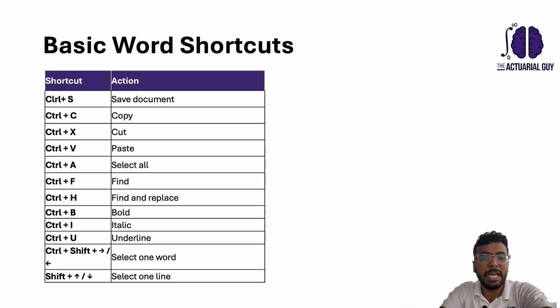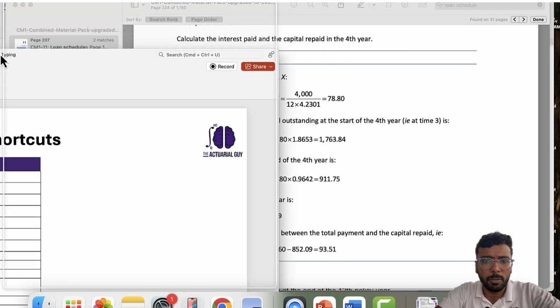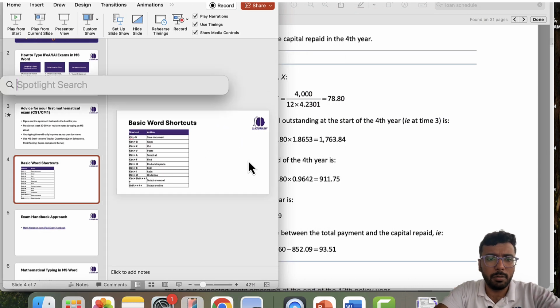Okay, before we get into all of the complicated stuff about typing, let's talk about some of the most basic shortcuts, and these you would mostly be familiar with, but then I am just covering them here in case some of you are not. Okay, so let me just actually show this to you on Word, so that you're able to visualize what is happening.